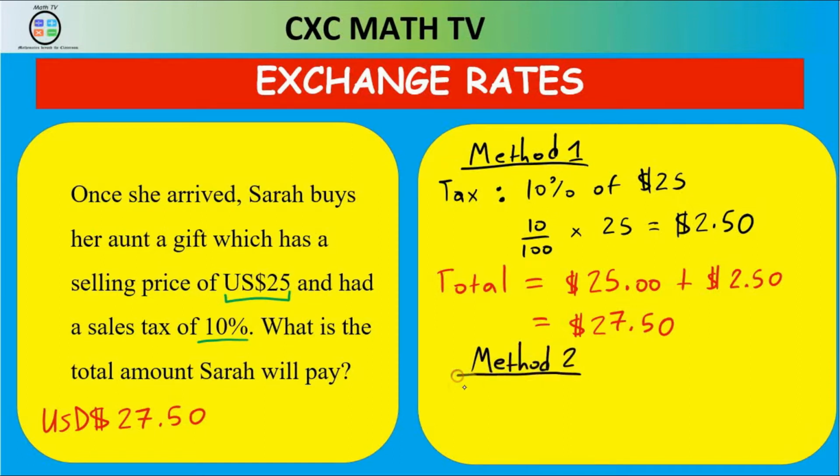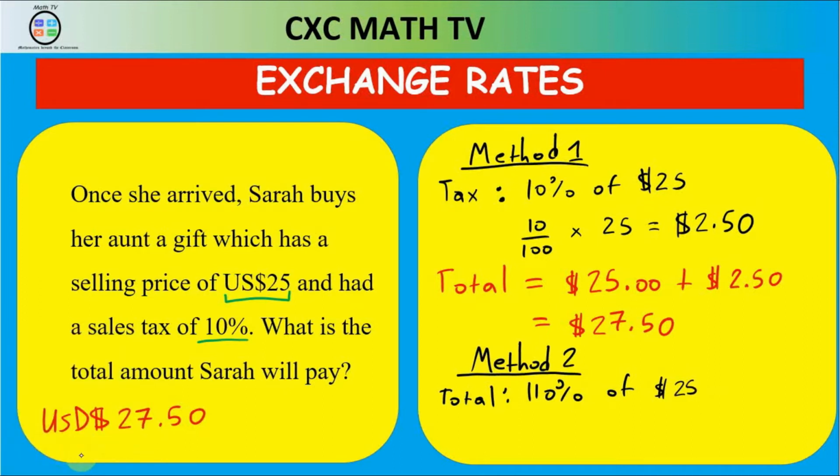So method 2 now is Sarah is going to pay 10% tax on the $25. So what we're then saying is that the total that she's going to pay is 110% of 25. So she's being upcharged. Yes, she's being upcharged.